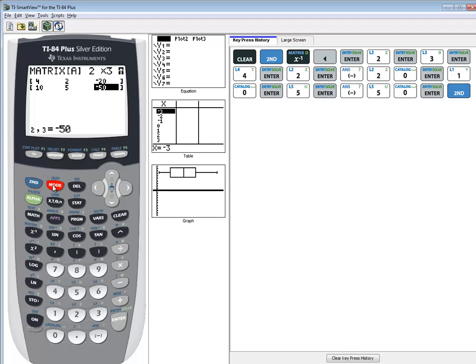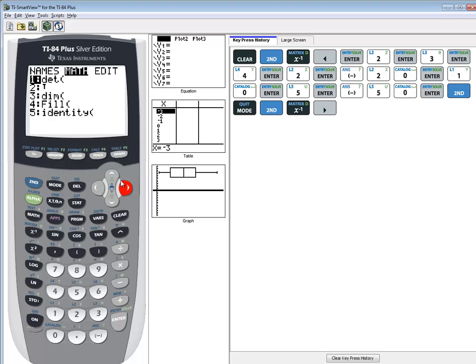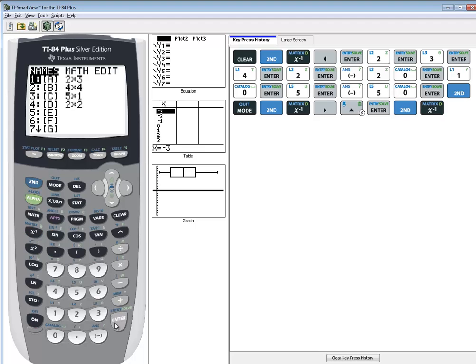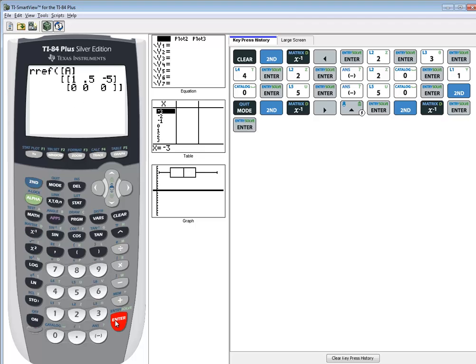Exit out, do second mode, go back in matrix menu, second x negative 1, right arrow to math, up arrow to RREF, press enter on it, go back in matrix menu, do enter on A, enter again. We get decimals, we don't want decimals at all, so we do math, enter, enter.